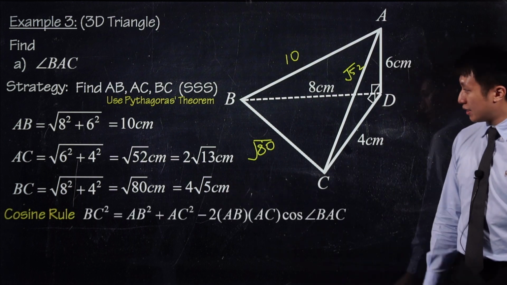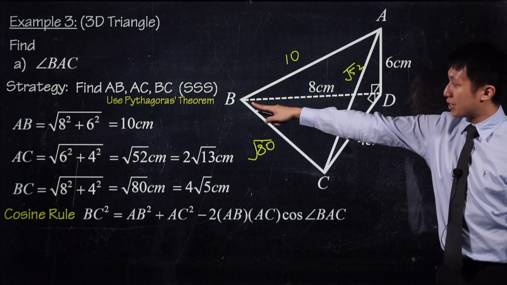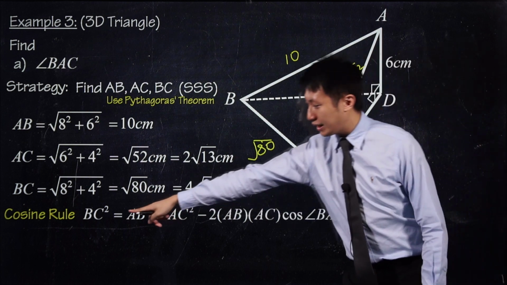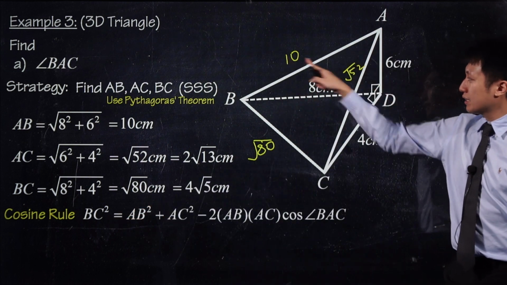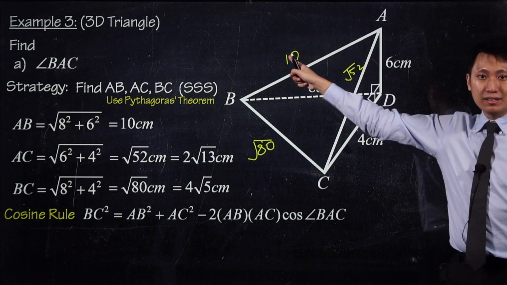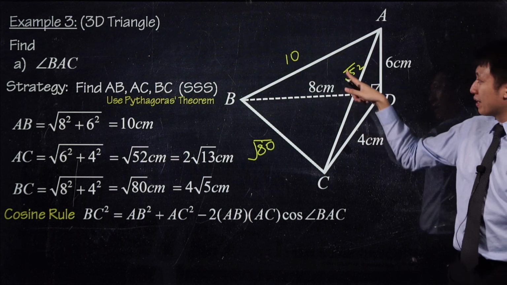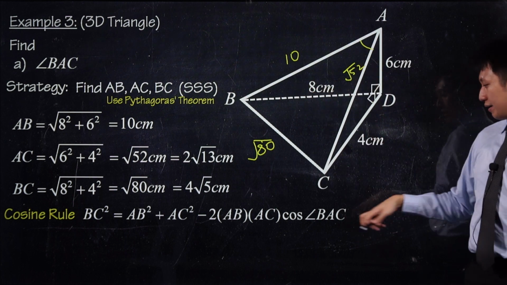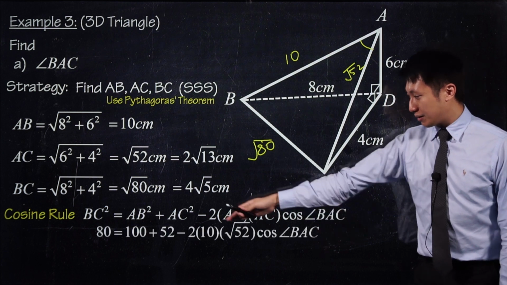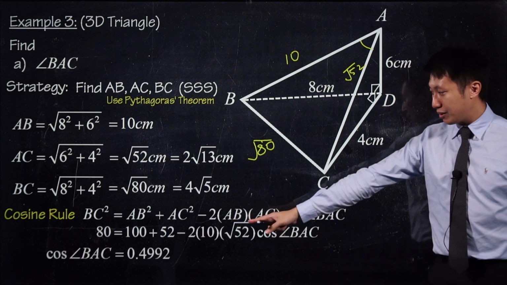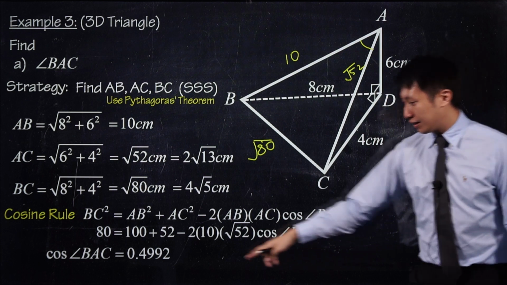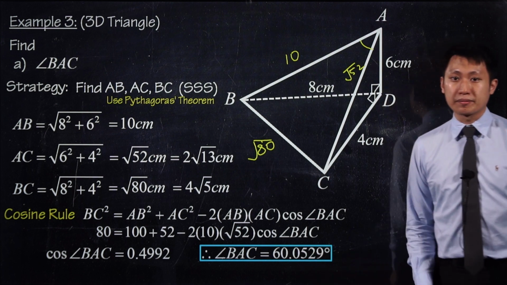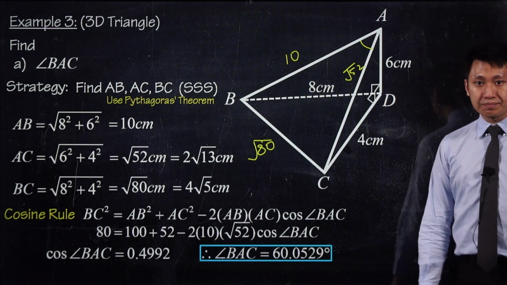Cosine rule tells you that BC squared, because I want this angle, that's why I need to use BC squared on the left hand side, is equal to this side squared minus this side times this side multiplied by cosine of this angle, BAC. Then you get an answer easily. I just substitute everything in, then I get that one. Get 4 decimal places, then you take shift cosine, you get the answer.